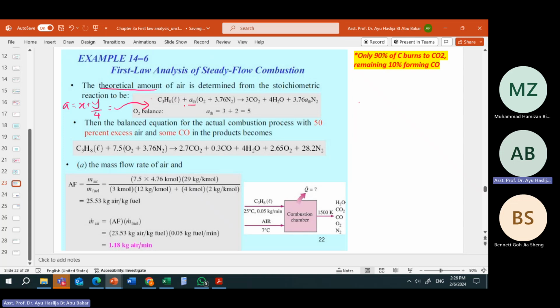Okay, yang ni boleh guna equation. Yang atas tu dipanggil ni Stoic equation, sebab yang ni dia tak involve the excess air. Okay. Dia tak involve excess air. So A boleh guna equation ni untuk cari. Atas sini dia mention boleh buat auto balance juga. Either way lah. Okay.